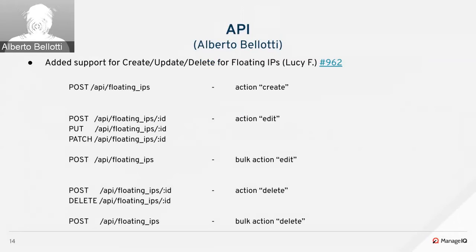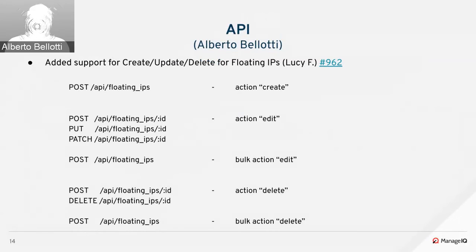Okay, Lucy also updated the floating IP. We were able to query before, but she added the ability to create, update, and delete. So just going through the actions here. The standard POST on the API floating IPs, either the standard payload or with the create action signature.